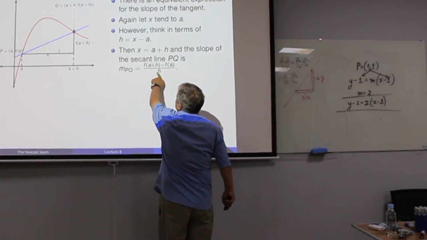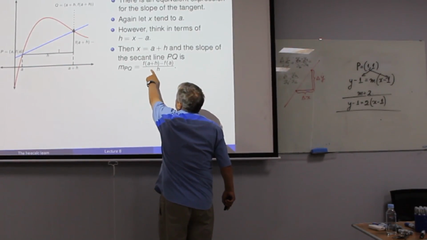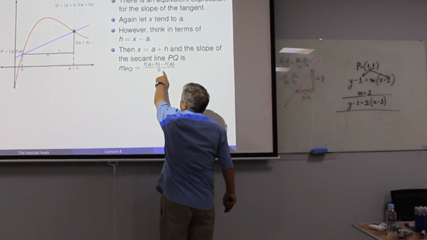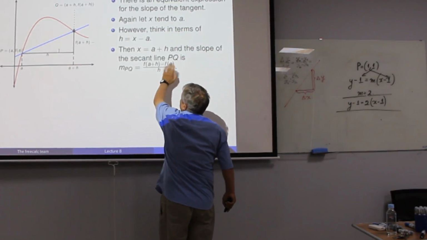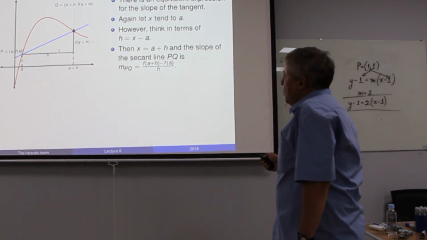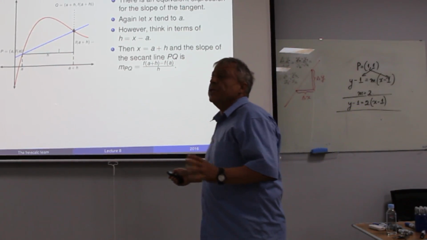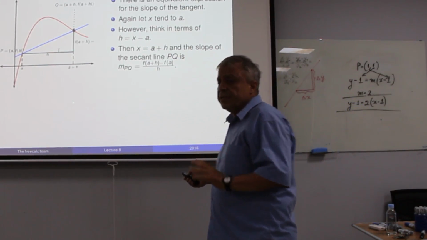Here is the same. And at the bottom is a plus h minus a. We get only h. Now this formula and the formula from the previous slide are absolutely equivalent, 100%.